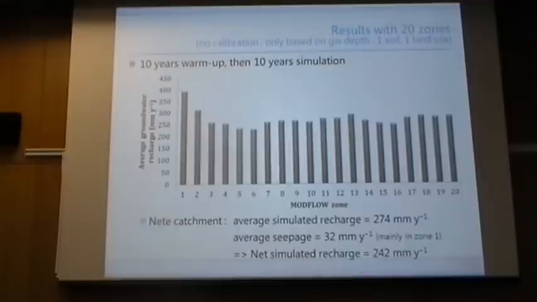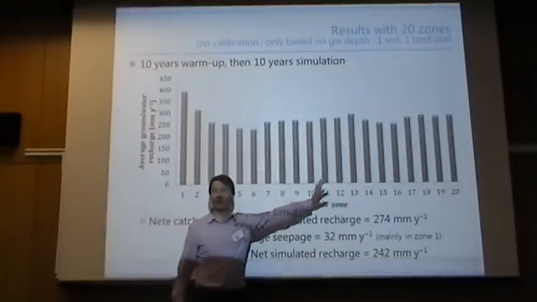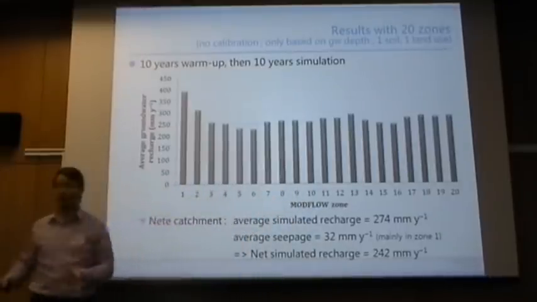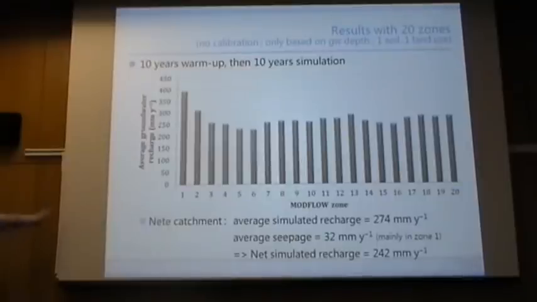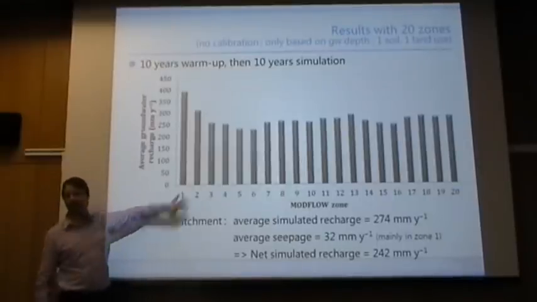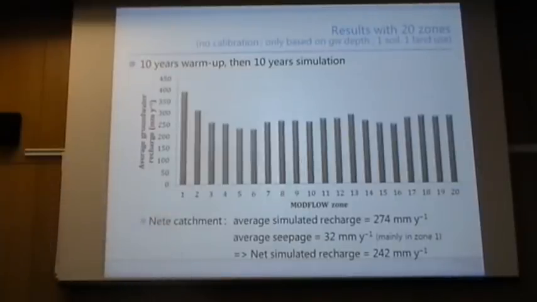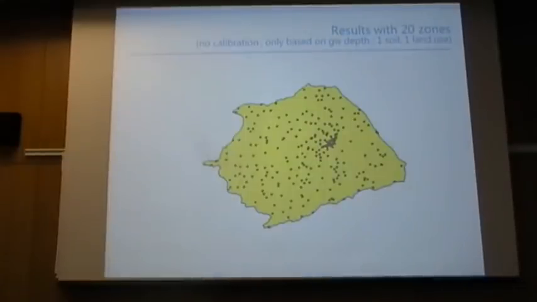So that might be a way to optimize the number of zones: have fewer zones with deeper groundwater tables, maybe discriminate them with land use and soil vegetation, and put more effort in the zones with the shallow groundwater table. We can also compare the groundwater levels, because we have a piezometric network in that catchment. These are the locations of the measurements.